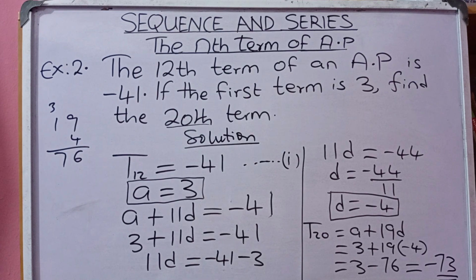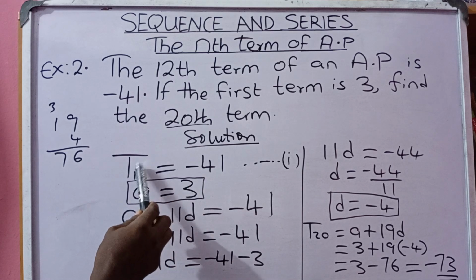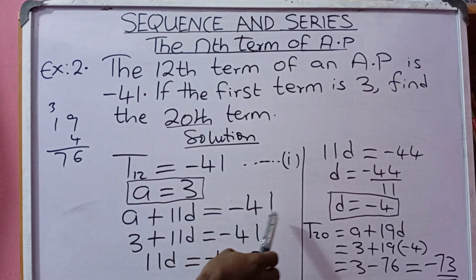Because the question reads, the 12th term of an AP is minus 41. If the first term is 3, find the 20th term. And we started by bringing out the equation t sub 12, which is the 12th term, equal to minus 41. That is the first equation there. And they gave us the first term as 3. We transform this 12th term using the formula a plus 11d, reducing by one the term in question, equal to minus 41.